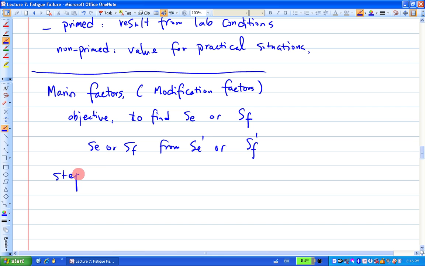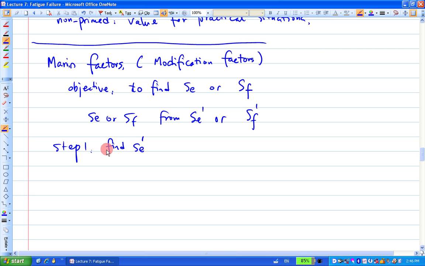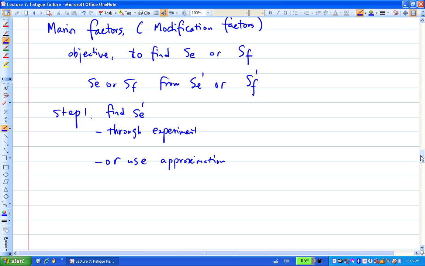Here's the thing. Step number 1: find SE prime. You can either get it through experiment, or you can use approximation. This is the formula for approximation.